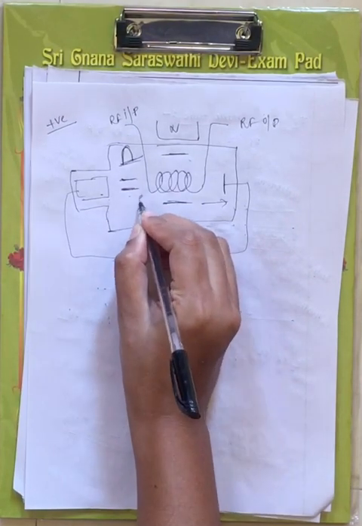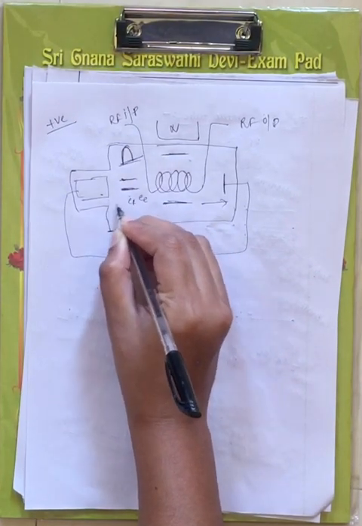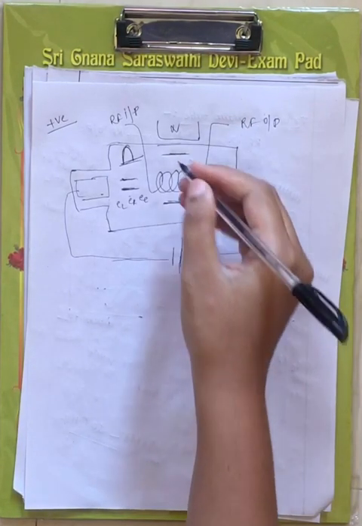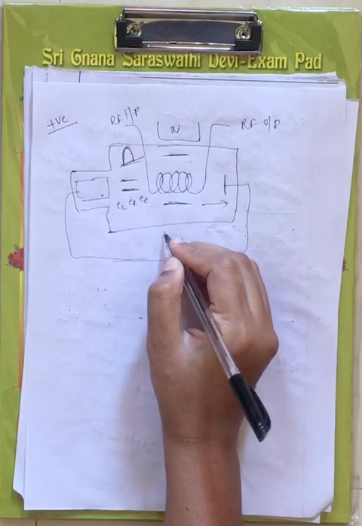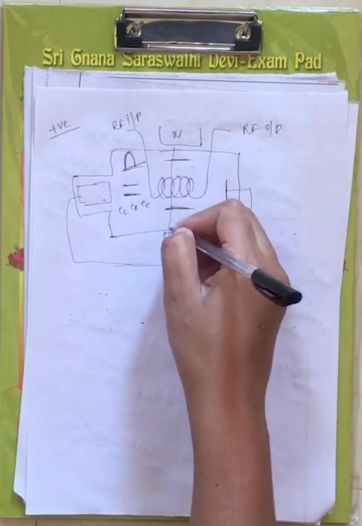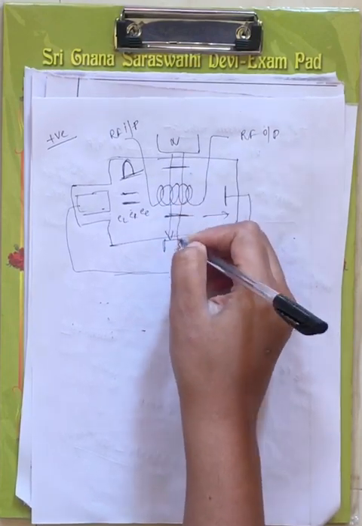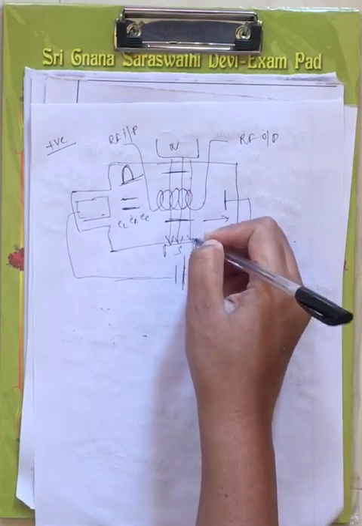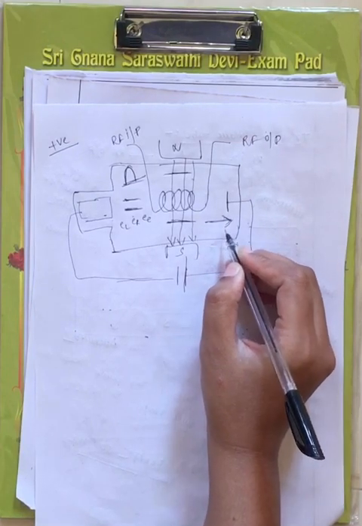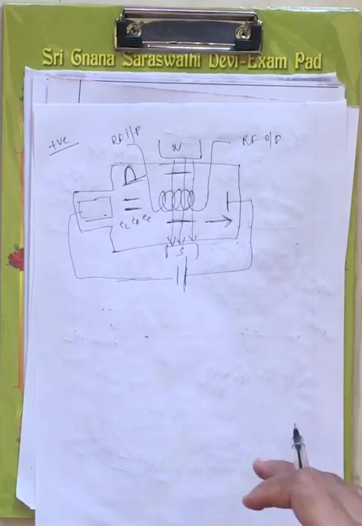Now consider three electrons: an early electron, a reference electron, and a late electron, right? Here you will have the south pole, and the magnetic field direction will be from north to south, right? Now the direction of the electron is in this direction, and the magnetic field is in this direction.